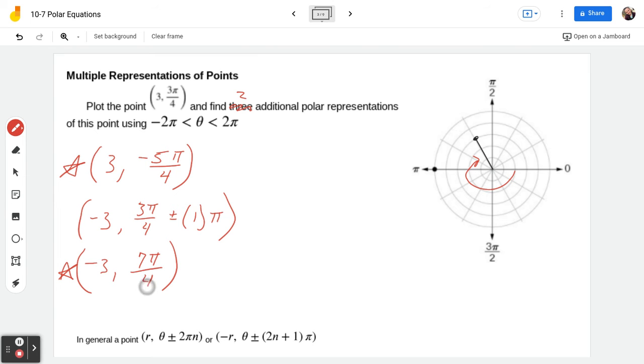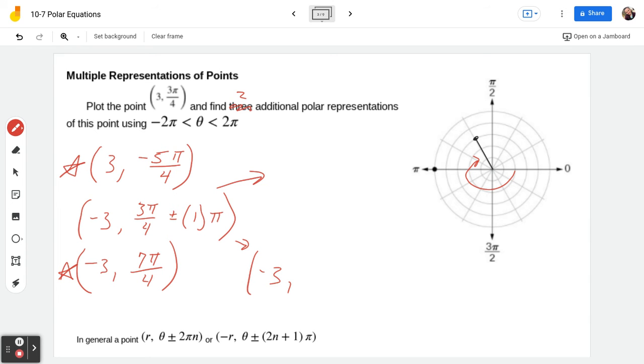And then let's go ahead and subtract. Using the same formula, instead of doing addition here, I'm going to do subtraction. So if we take pi away from 3 pi over 4, I think we just end up with negative pi over 4.